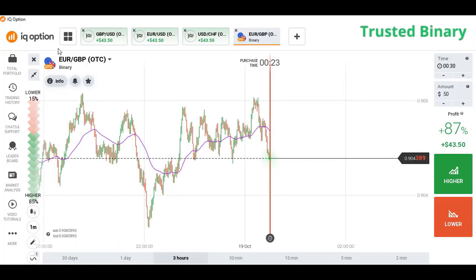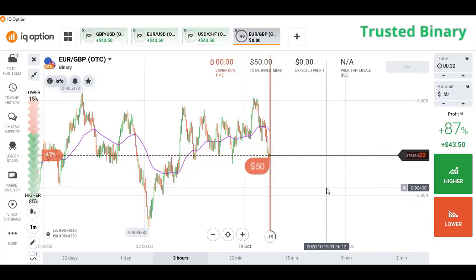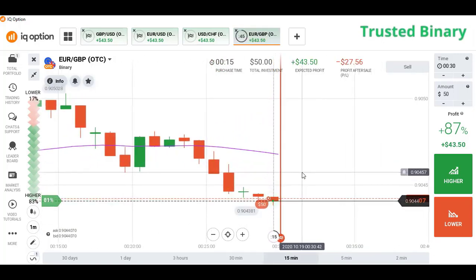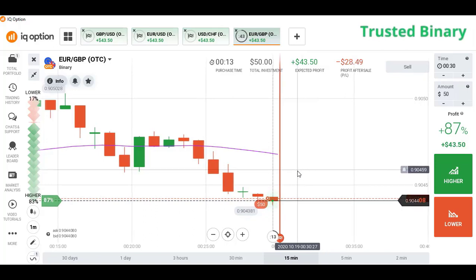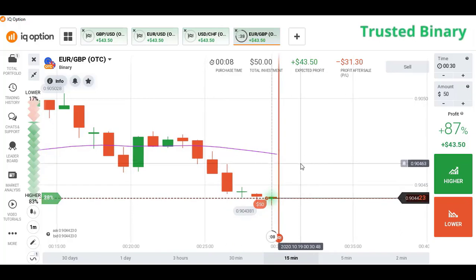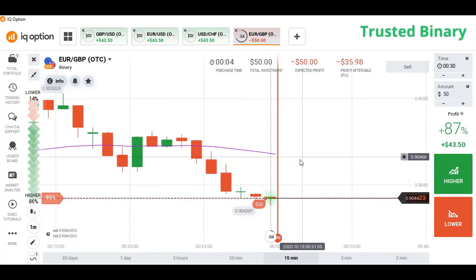So this is the Euro GBP pair, OTC market. I place my trade in the lower direction. So let's see what will happen here. The market is making small candles, so no problem, it's a strong downtrend. I think I must win the trade.